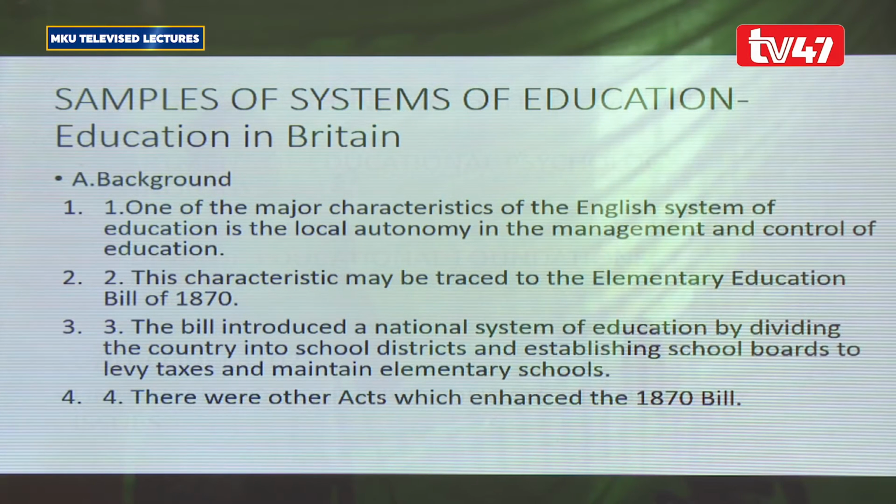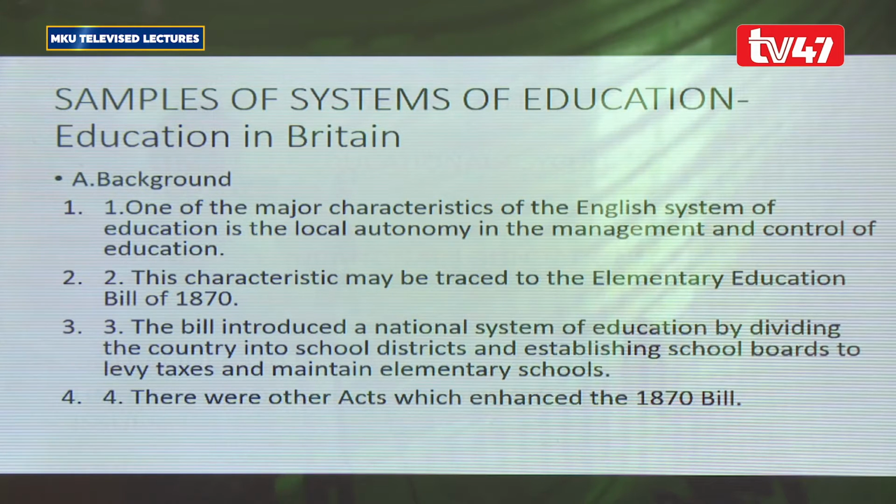In Britain, this characteristic was traced back to 1870 when the Elementary Education Bill of 1870 introduced a national system of education which divided the country into school districts, establishing school boards which were in charge of levying taxes and maintaining elementary schools.